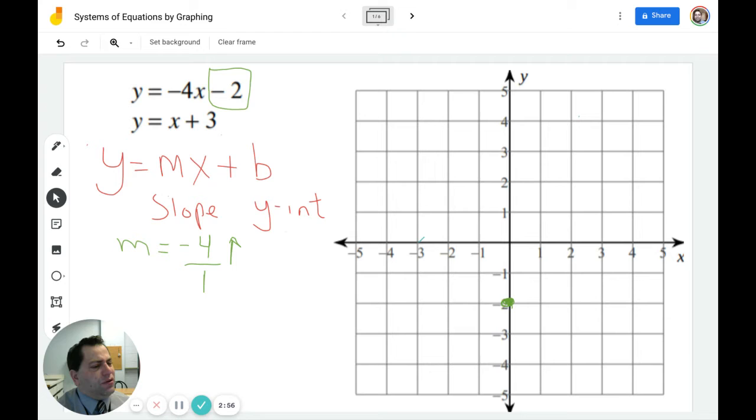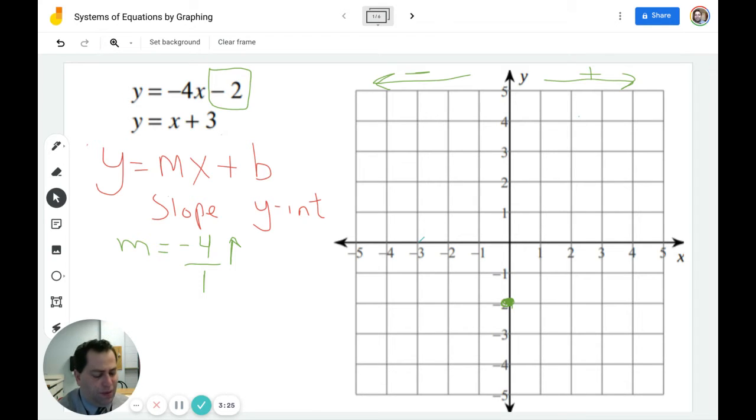If you're rising, you're going to want to go to the right if it's positive, and to the left if it's negative. So I like to think of it like this. When you're rising, the negative side of the x-axis is to the left, and the positive side of the x-axis is to the right.